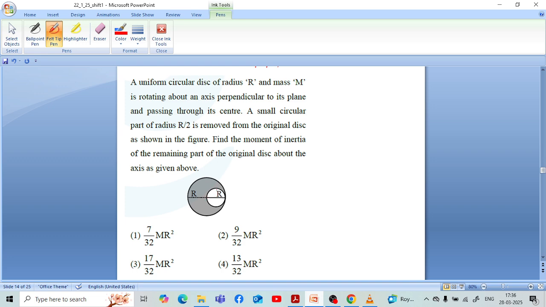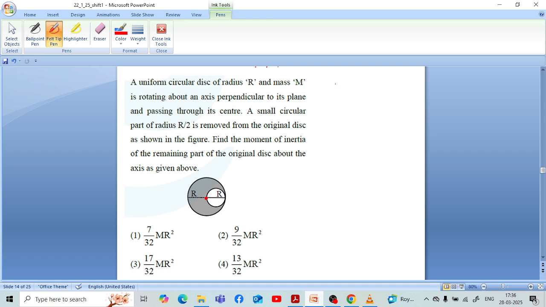Now a disk of radius r by 2 is cut from the original disk, as shown in the figure, and for this remaining shape we have to find its moment of inertia about the axis passing through the original point, that means the center of the bigger disk. So we have to find the moment of inertia of the remaining shape.